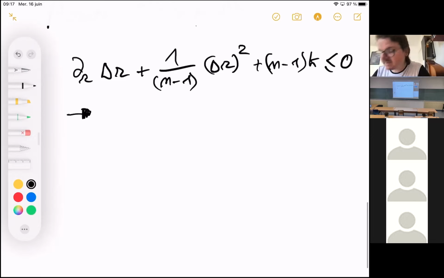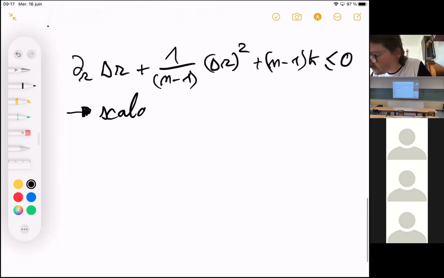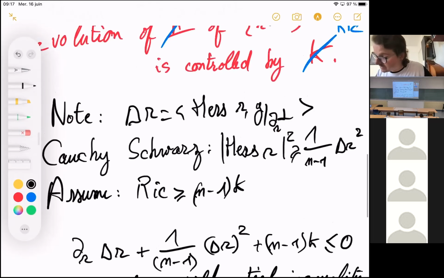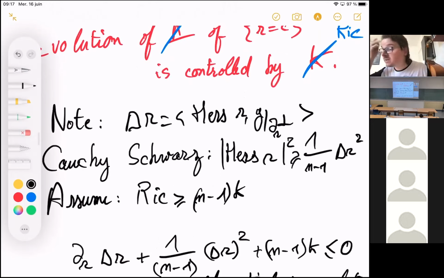If we compare to yesterday's lecture, we have one big advantage here. Something is much simpler: we have a scalar differential inequality instead of a matrix one. However, the Cauchy-Schwarz inequality works only in one direction. You can control the Laplacian in terms of the Hessian, but you cannot control the Hessian in terms of the Laplacian alone.